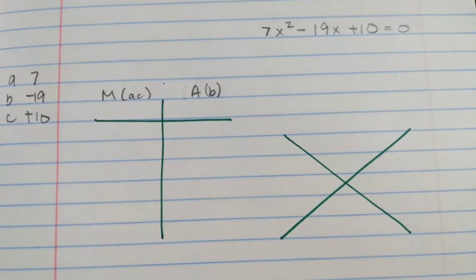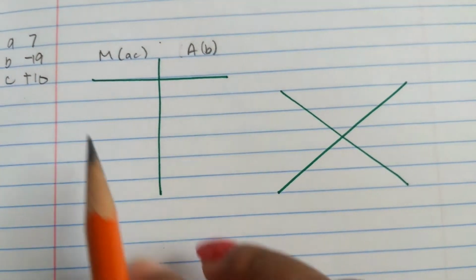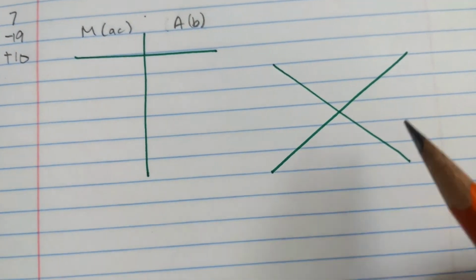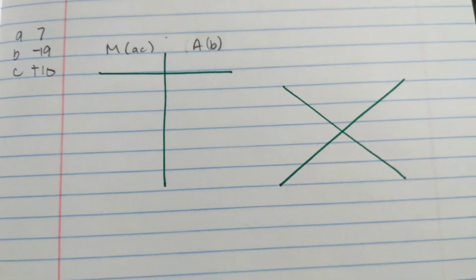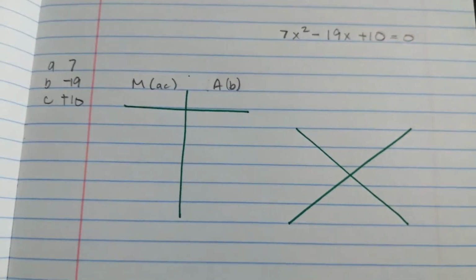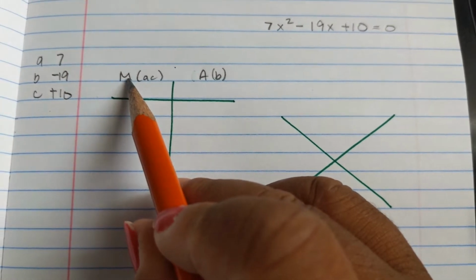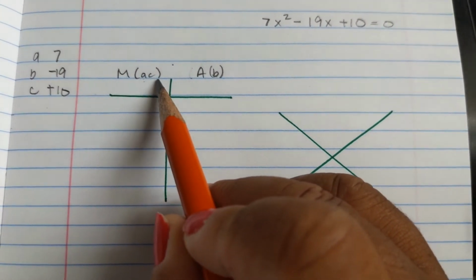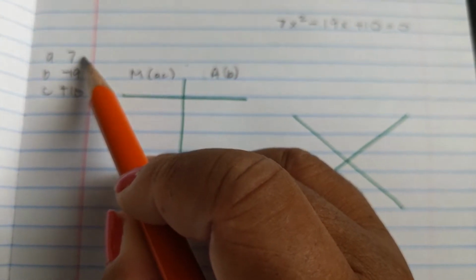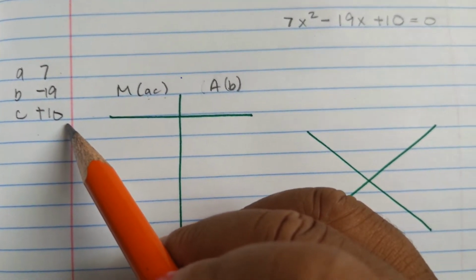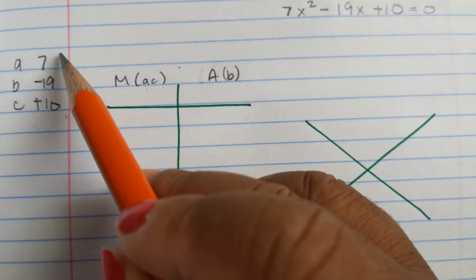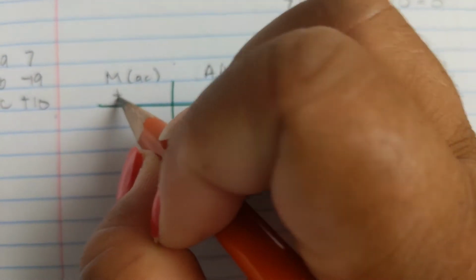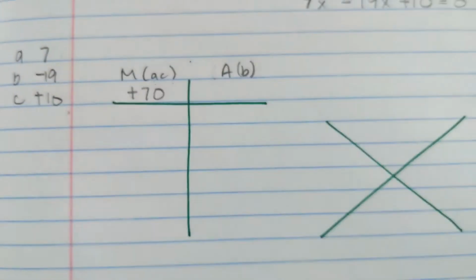And now we're going to plug all of this into our table or our chart and our X. So again, label everything. Remember, the first side is M, and we use that to multiply A times C. My A value is 7. My C value is positive 10. 7 times 10 gives me a positive 70.